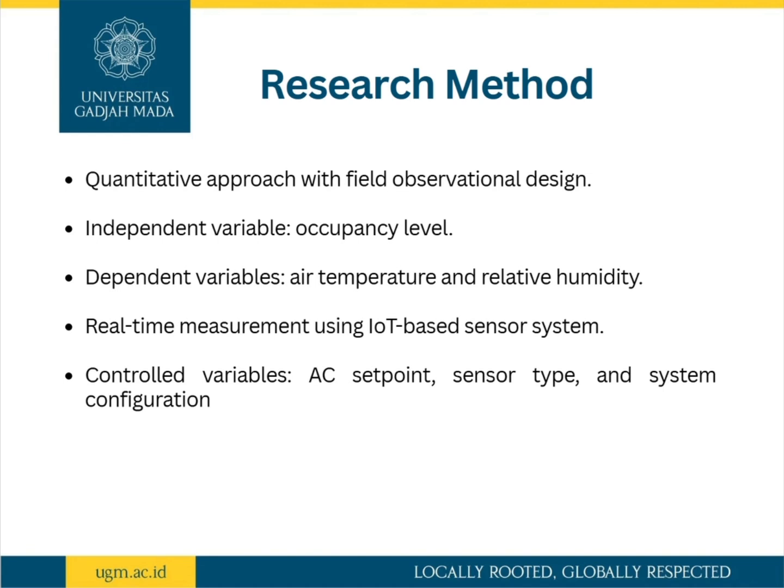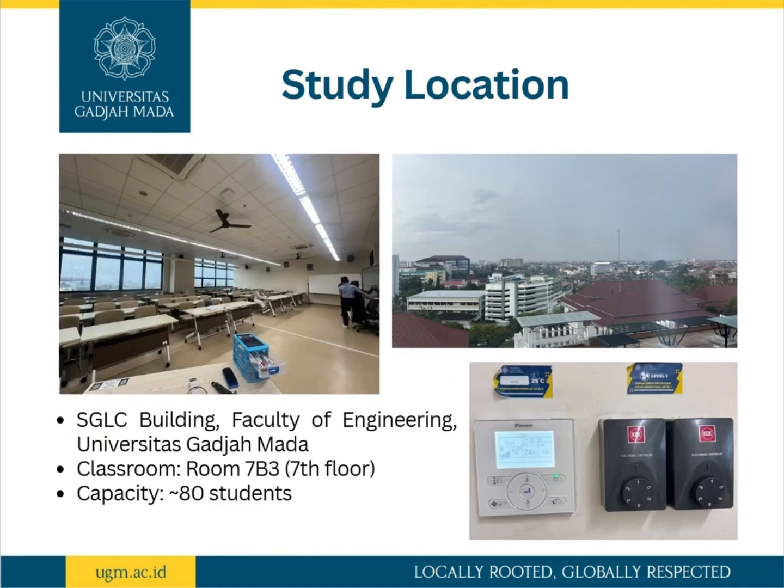Next, for the study location, we needed a space that experiences significant changes in crowd density. We chose room 7B3 on the 7th floor of the SGLC building, Faculty of Engineering, Universitas Gadjah Mada. This room features a capacity of around 80 students.